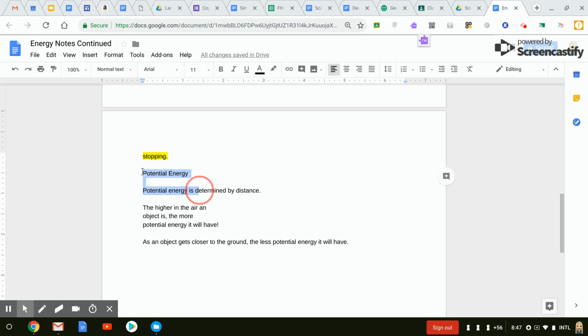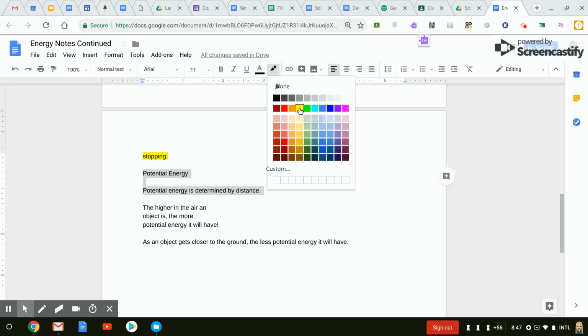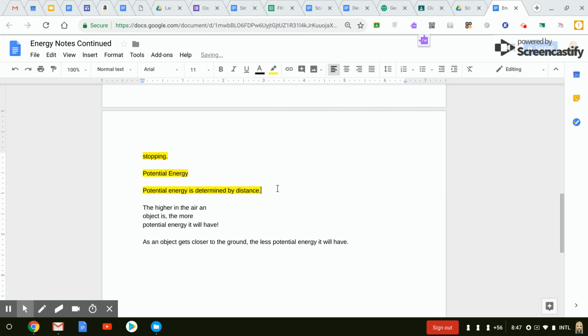So think about that example of the ball at the top of a hill. It hasn't started rolling yet, but think about the higher a hill it's on, the more potential energy it has, because once that ball starts moving, the faster kinetic speed it's going to have.